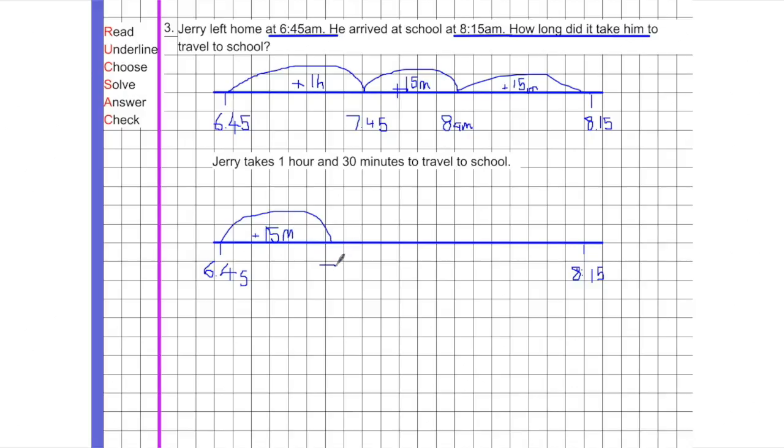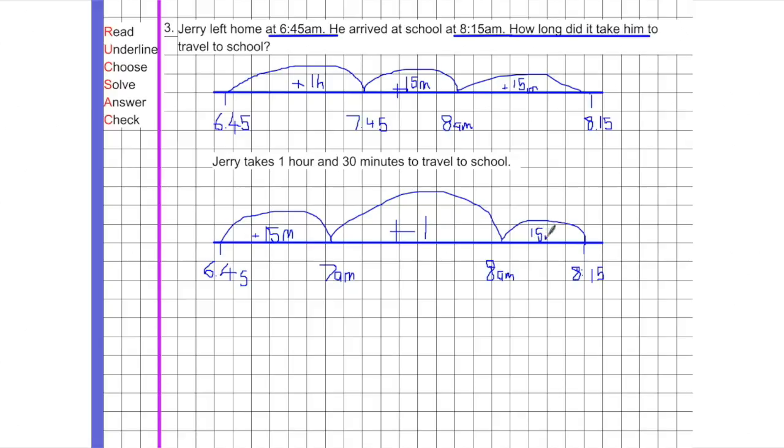Well, 7 o'clock, because 6:45 plus 15 minutes is 7 o'clock. Now we just go up in hours. So 7 plus 1 hour is obviously 8 a.m. And then from 8 a.m. to 8:15, very simple as well, 15 minutes.